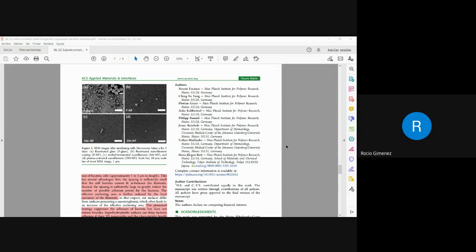First, the spacing is sufficiently small that the stiff bacteria cannot fit in between the filaments, and second, the spacing is sufficiently large to greatly reduce the number of possible adhesion points for the bacteria. Also, the effective anchoring area is further reduced by the local curvature of the filaments.